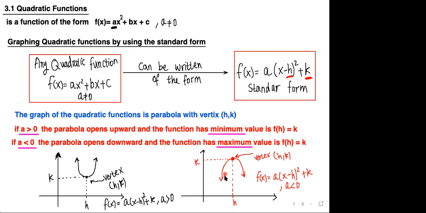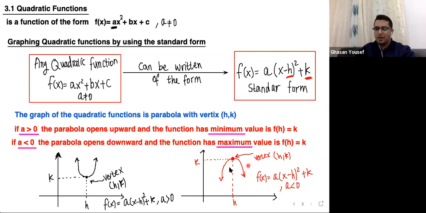Who decides which quadrant the vertex is in? If the vertex is below the x-axis, the parabola should be down there. If the vertex is in this quadrant, it should be here. The vertex decides whether it is above the x-axis, below the x-axis, on the negative side, or on the right side.